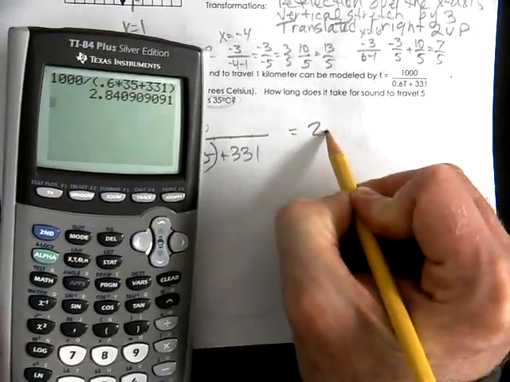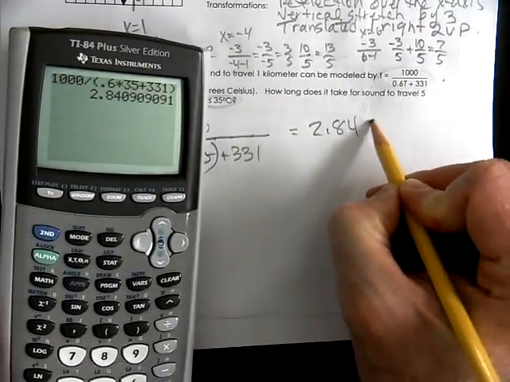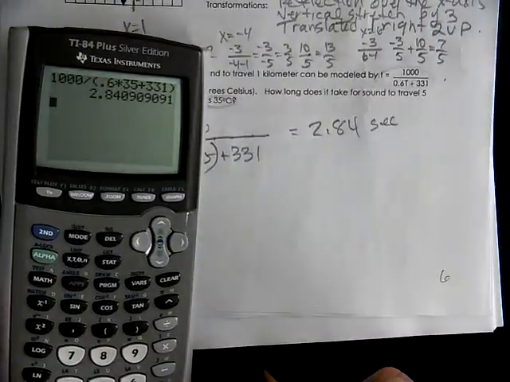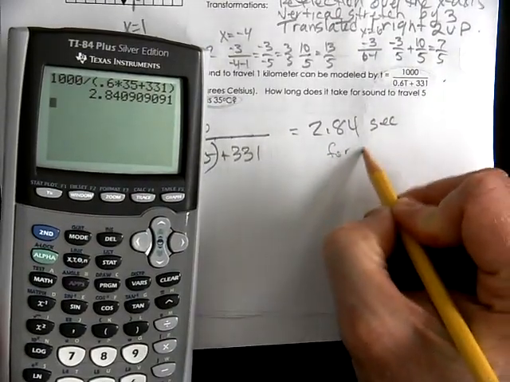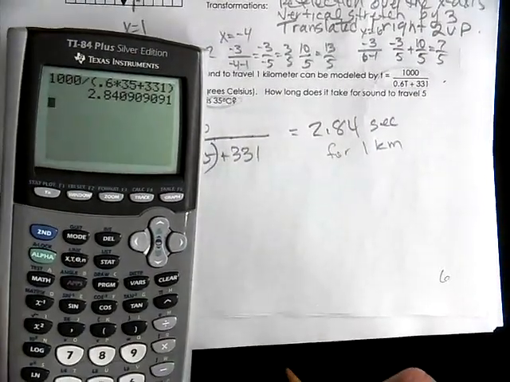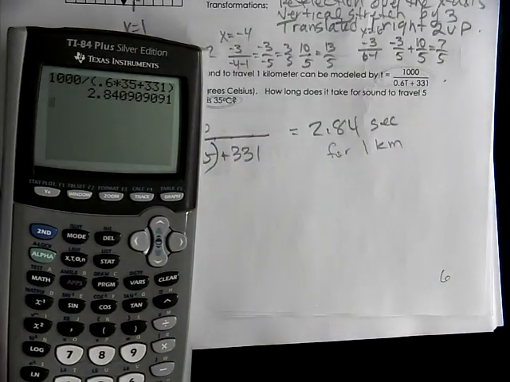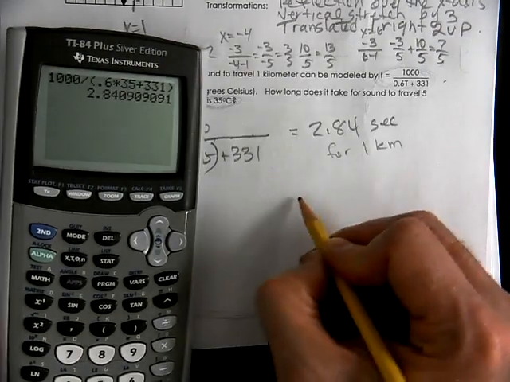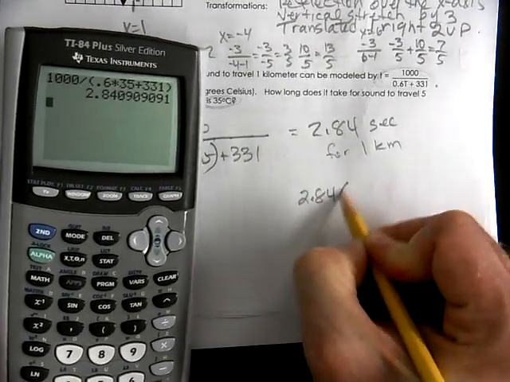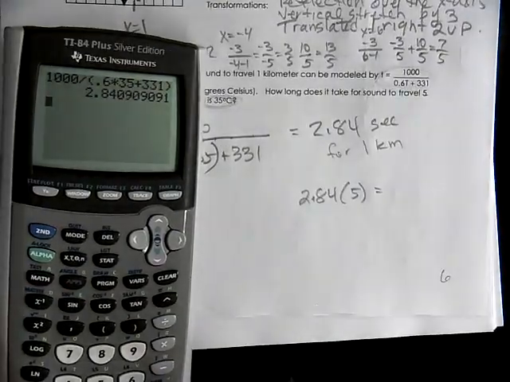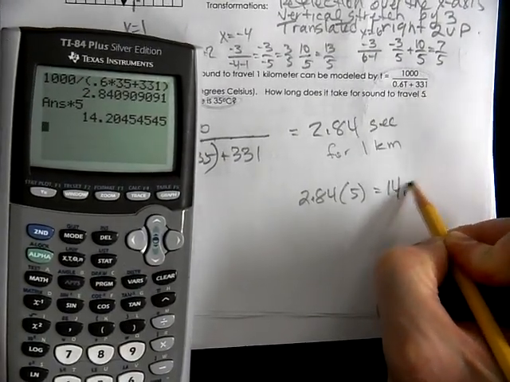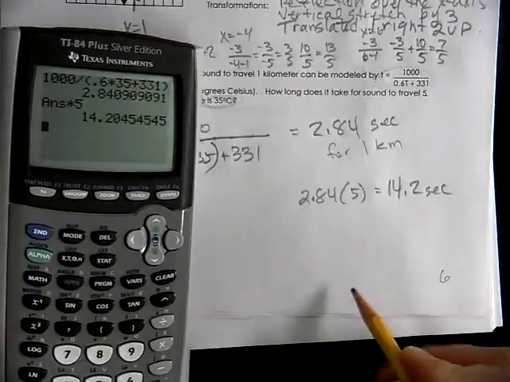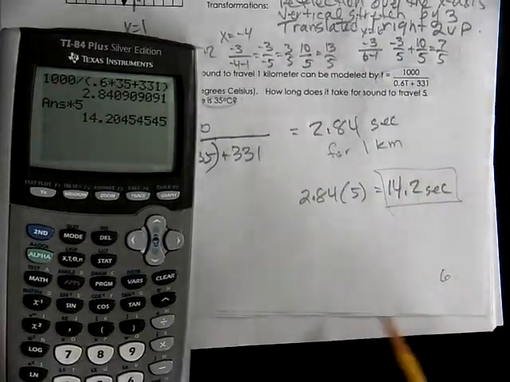That's going to say that it's taking 2.84 seconds to travel 1 kilometer. But what's it going to be for 5 kilometers? If you times that value by 5, we'll get 4.2 seconds to travel 5 kilometers.